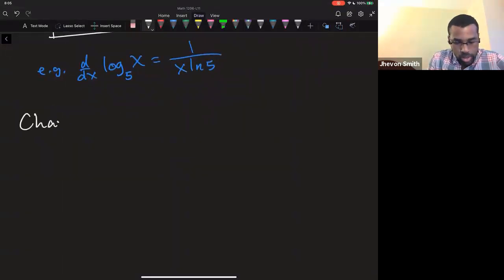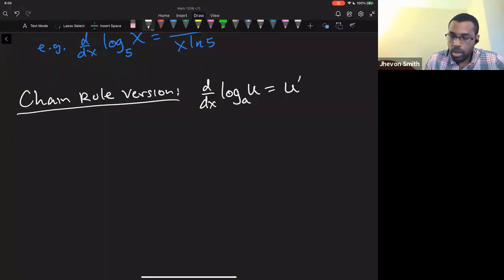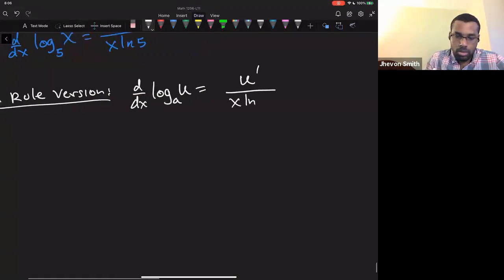We can also do the chain rule version. And that would be the derivative of log to the base a of some function u. Well, that's just u prime over u ln a.